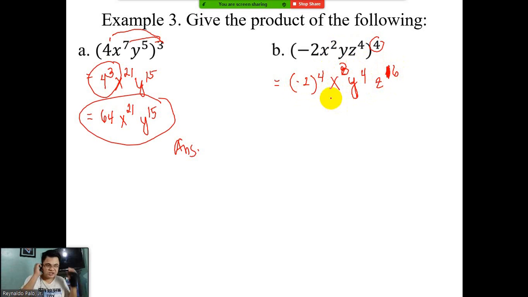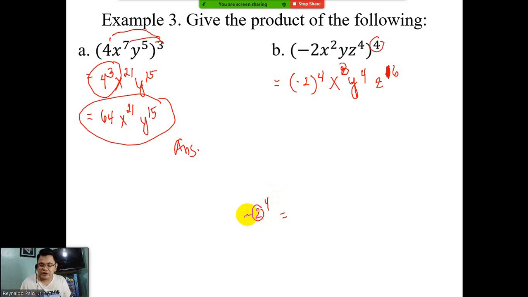Next, you have to take note of this. As you can see, negative 2 is part of the expression inside the grouping symbol. That's why when you distribute 4, you have to put parentheses because that is really different if you are going to make it like this. So negative 2 raised to the 4th power is different because you are only raising 2 to 4, but negative is not included.